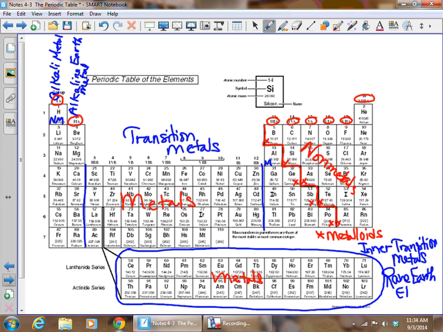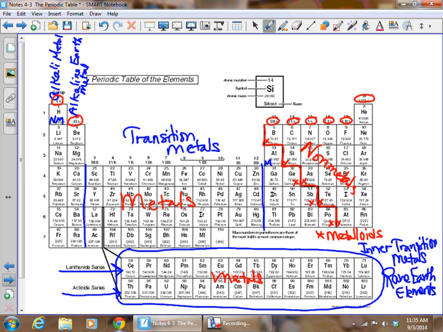So both of the groups are called by those names. The top row, though, is called the lanthanide series, and the bottom row is called the actinide series. So those two names are for different rows. Inner transition metals and rare earth elements refer to both rows, but lanthanide series and actinide series refer to their own respective rows. Lanthanide series on top, actinide series on bottom.